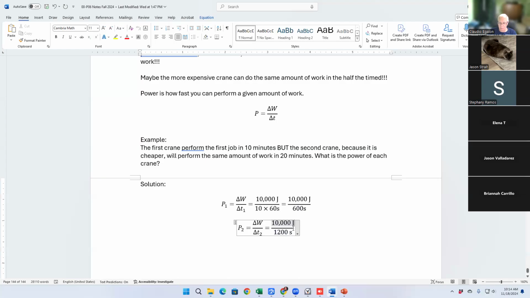And joules per second is something that happens so frequently in physics that we give it a name. We call it watts. Okay. So I'm going to do the math here for you.